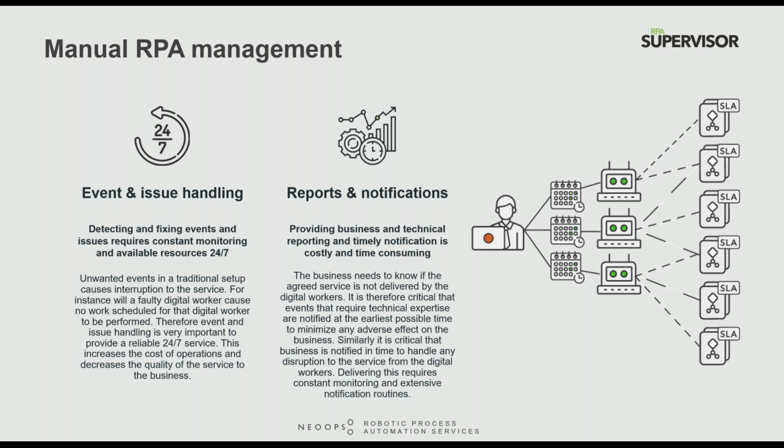But if you want to run 24/7, then there are requirements on your RPA operation team to be available 24/7, monitoring and solving the issues which can appear, like the robot goes down, or the robot went into log off status, and we need to log it in manually or something like that.